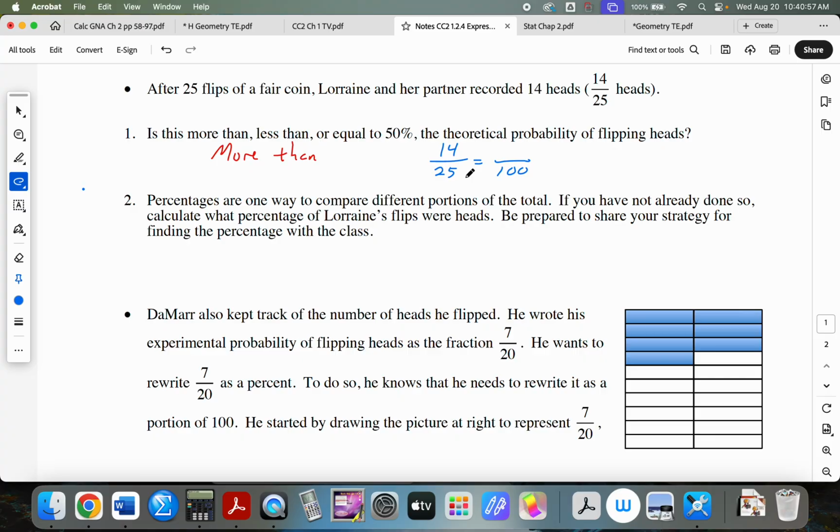What did we multiply the 25 by? You multiply it by 4, so you multiply 14 by 4. 4 times 4 is 16, and 4 times 10 is 40. Those together, that's 56. Or you can do 14 and 14 is 28, and 28 and 28 is 56. You can do it that way also. So this is actually 56%.